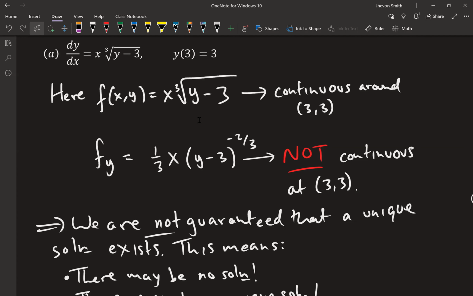That does not mean a unique solution doesn't exist. However, it doesn't mean a unique solution exists either. It's possible that this thing has no solution, possible that it has a unique solution, possible that it has several solutions, 5, 17, 12. It's also possible that there is an infinite number of functions that will solve this. We just don't know. And yeah, separation of variables would be the way that we go about solving this.